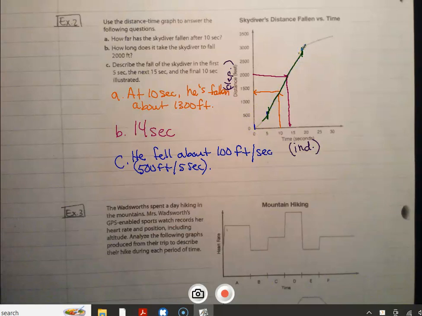It was steady. So we could say he falls at a steady rate for the next 15 seconds.